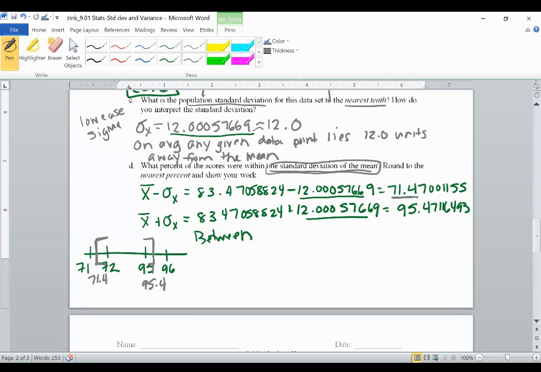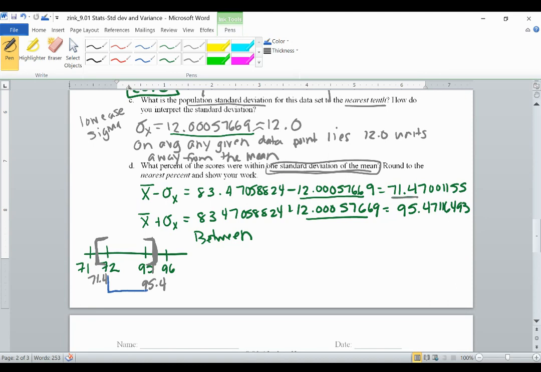Now we only have integers listed in our data, so we want to figure out which two numbers we're actually looking between. Since 71.4 would round to 71, you might be thinking 71, except since we've gone above 71, we're not actually including that 71. The first integer that we actually include within one standard deviation is 72.